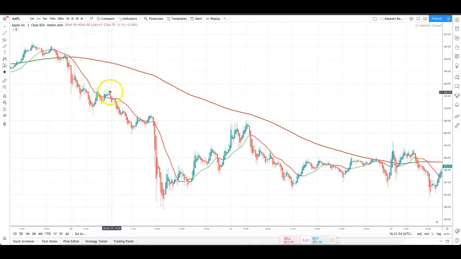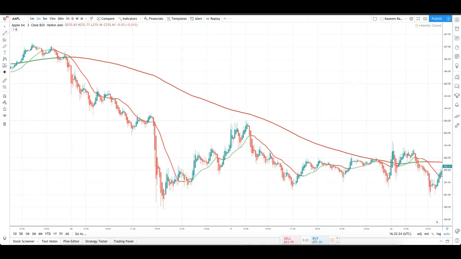I like when price hugs the 20-day moving period. When it gets to a situation like this, I'm a buyer at this point because I know prices have no choice but to go down. And then guess what it did? Boom, it went down, came back up. At this point again, I'm buying because I know prices are going to go down. And then boom. The only time I sell is when the trend changes.